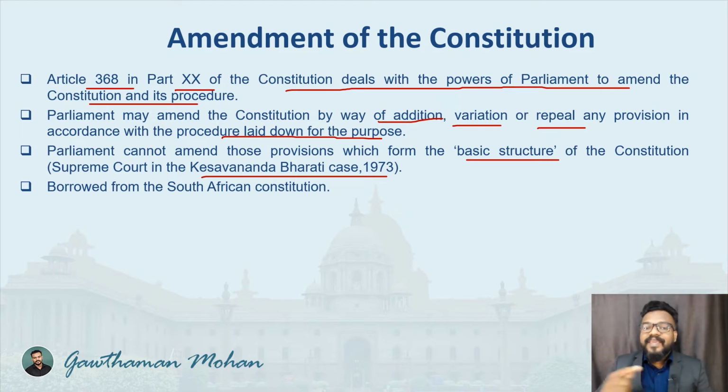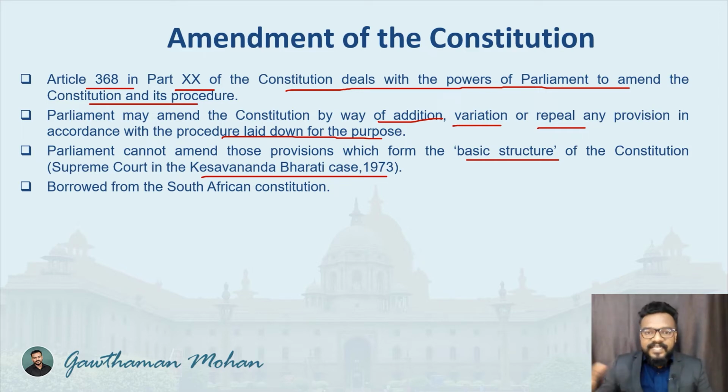So when we are making a change to our constitution, it should not affect the essence, the crux, or the objective of the constitution. That is why the Supreme Court has come up with a provision called the basic structure doctrine. Okay, in that basic structure doctrine, the Supreme Court has added certain important provisions which are enshrined in our constitution, like the rule of law and the fundamental rights.